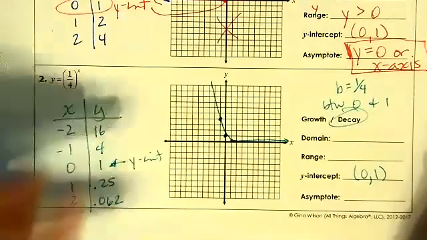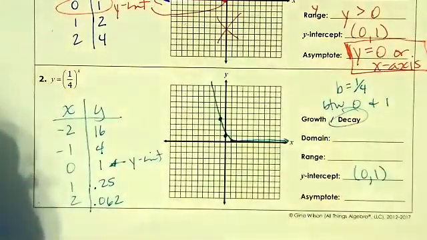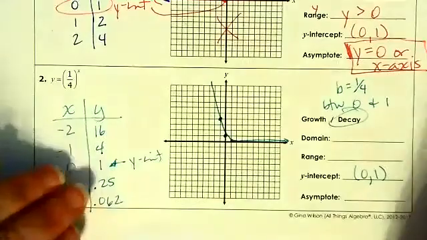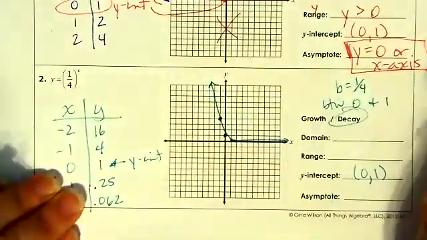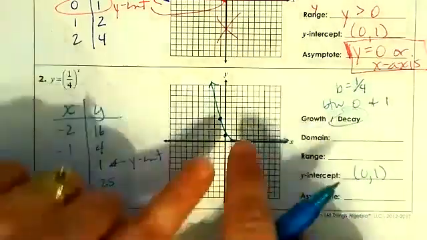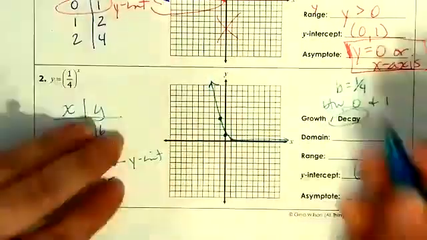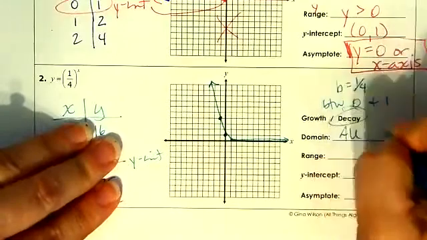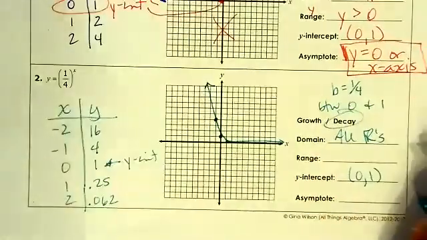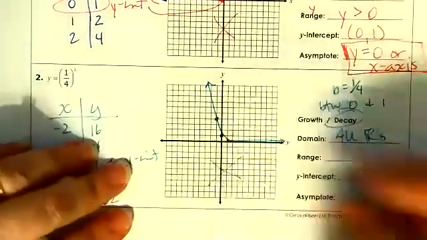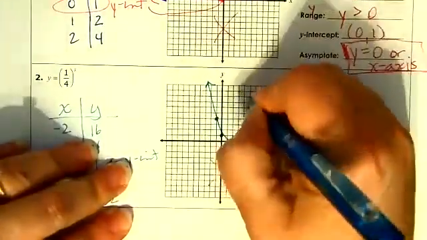There's my graph. It goes all the way through the grid. So my domain is, again, continues in both directions. It never stops. So it is all real numbers. The range is, there's nothing down here, but it's everything up here.